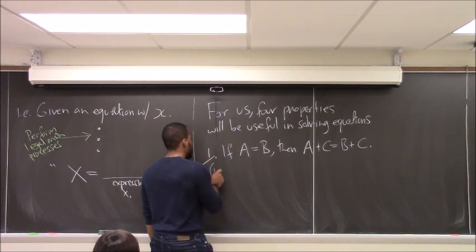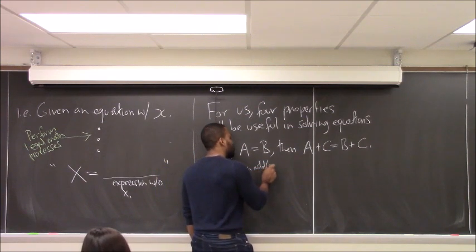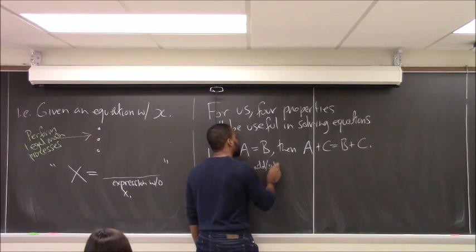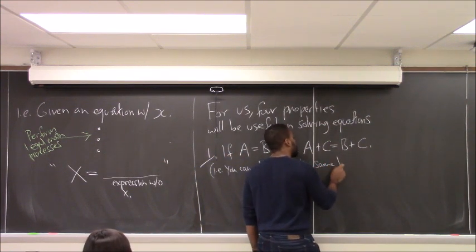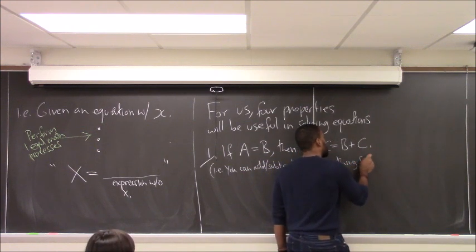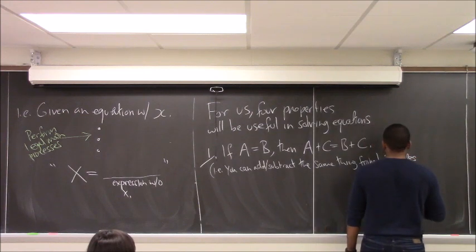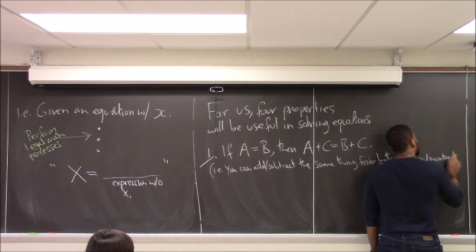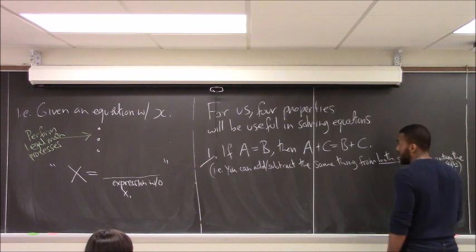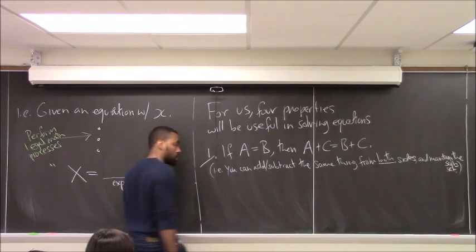I.e., you can add or subtract, since C could be a negative thing, from both sides and maintain the solution set. So these two things will not change the solution set. The variables that work over here, the exact same ones will actually work over there.